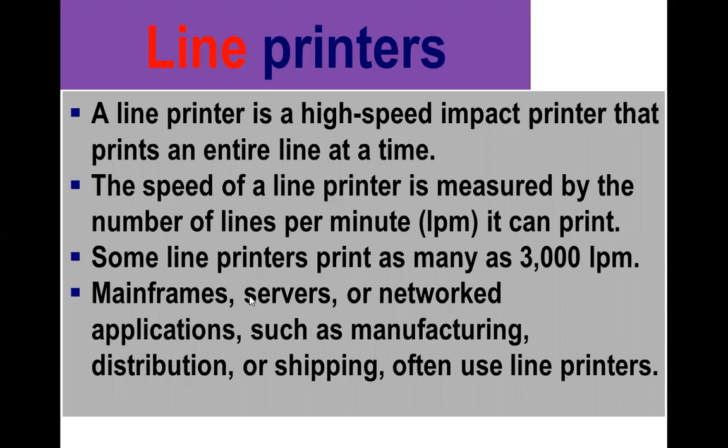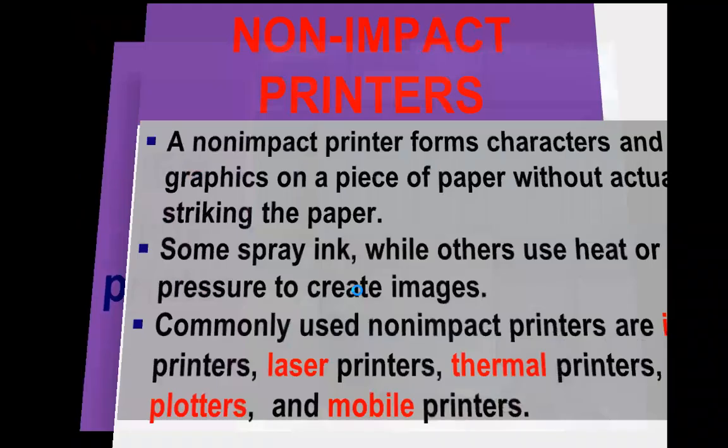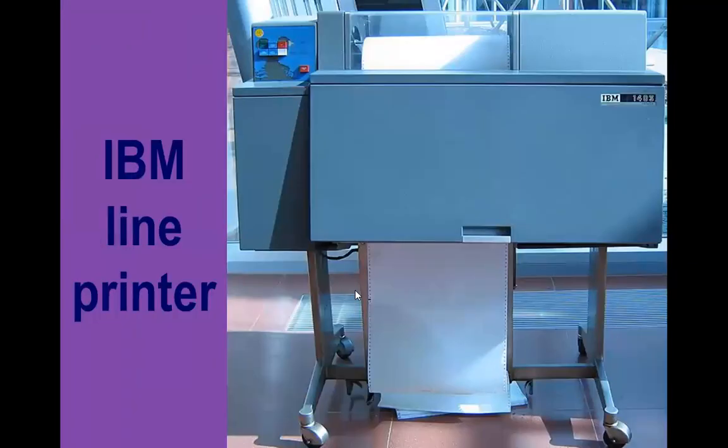So mainframes, servers, or networked applications such as manufacturing, distribution, and shipping often use the line printers. So this is an example or an image of a line printer. This is how it looks like. That is the image of the line printer. The IBM line printer.